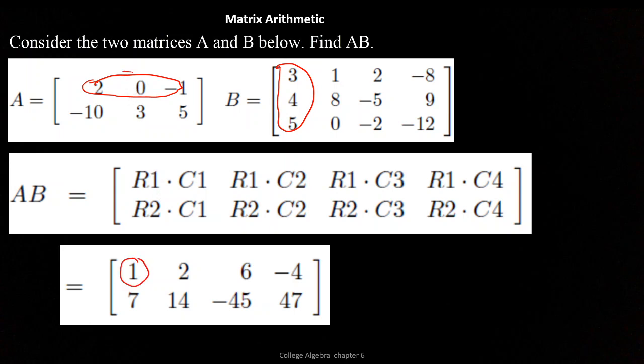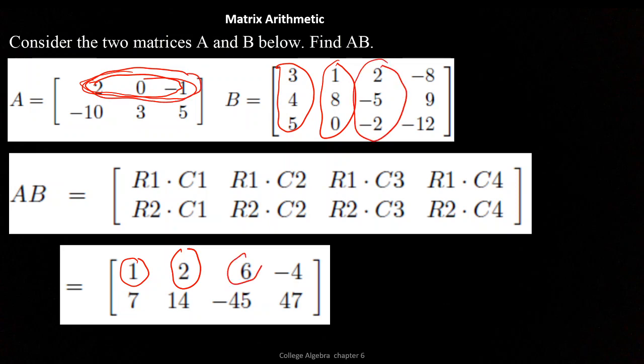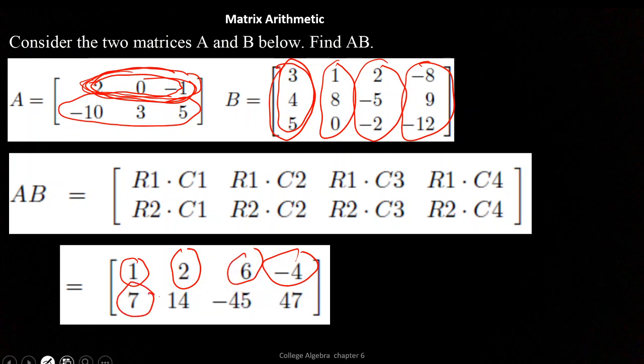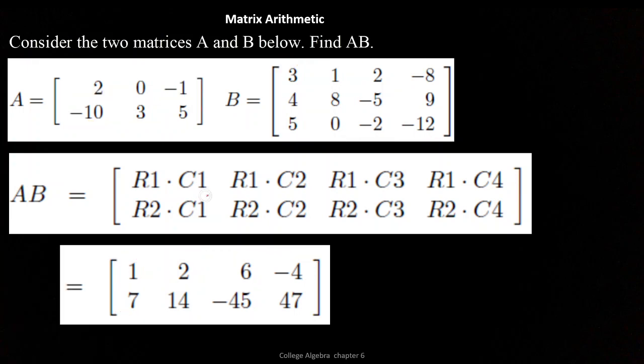Then we take the same row and multiply it by this column to get this number. And we took the same row, multiplied it by this column to get this number, and so forth. We took the second row, multiplied by the first column to get this one, and so forth. Okay, so that's how the multiplication works, and you're going to see that this is pretty useful.